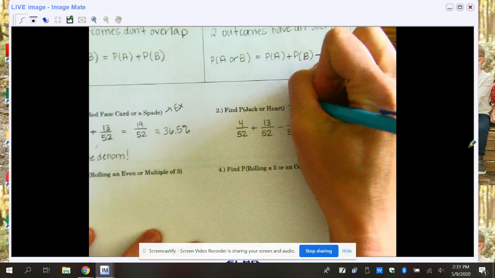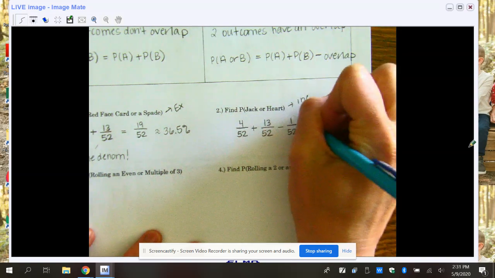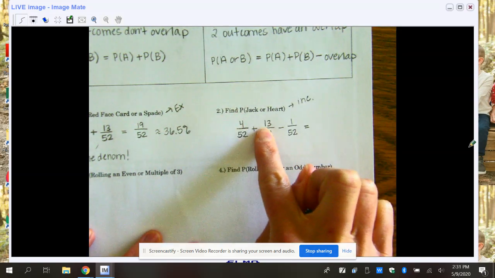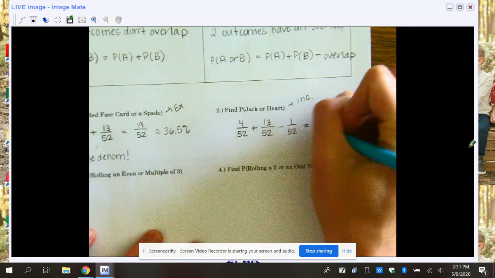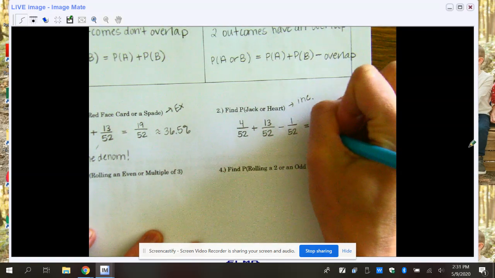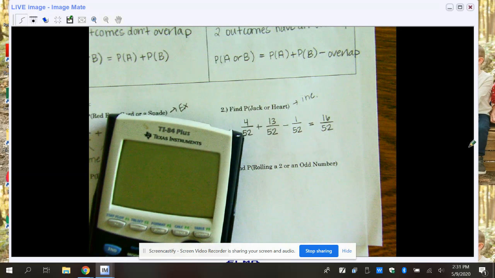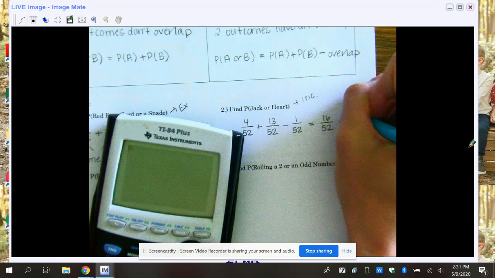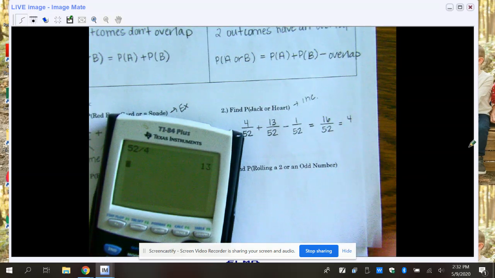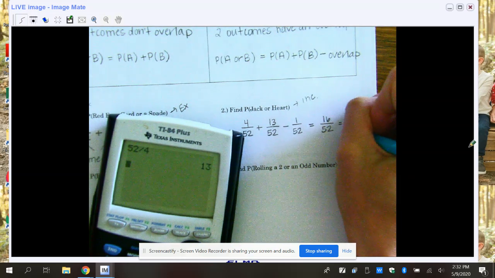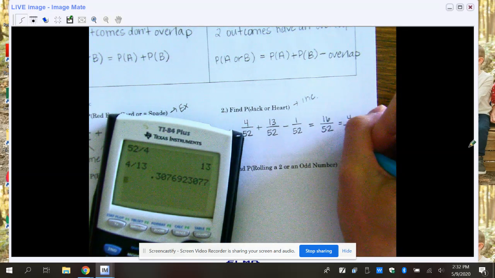Okay. So these would be inclusive events. So 17 minus 1 would be 16 out of 52. We'll simplify that fraction. See, if I divide both by 4, that would be 4 out of 13. And then as a percent, that would be about 30.8%.